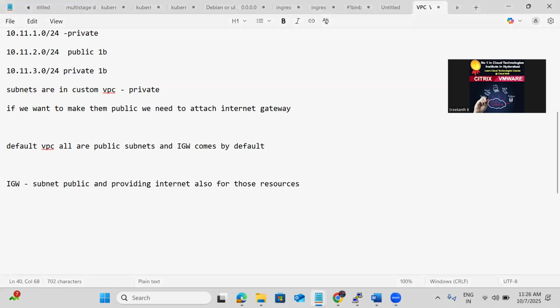So by attaching the internet gateway, that subnet will become public. And the other role it is doing is providing internet also. What is the meaning of that? Public access means it's inbound.